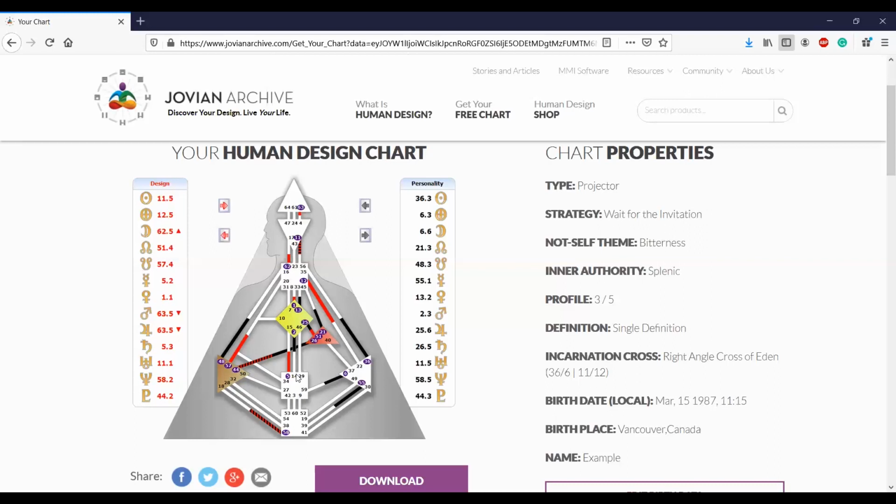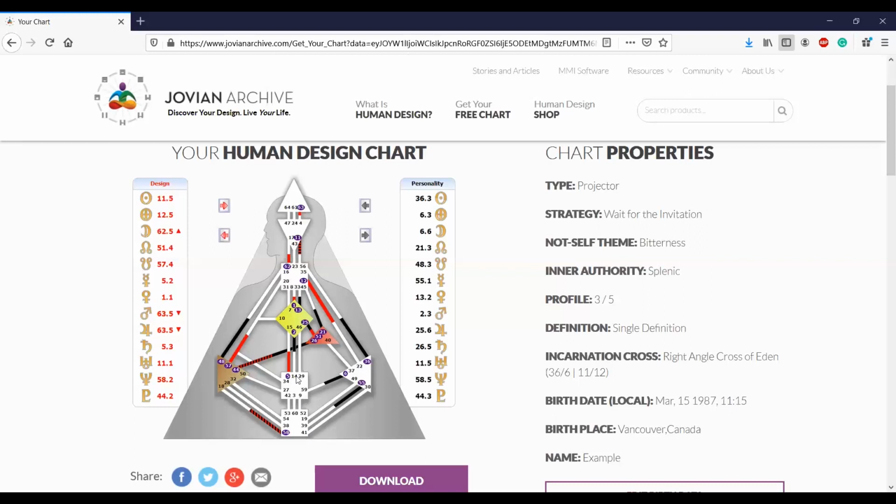This is also the center which distinguishes generators from the other three types, meaning generators and manifesting generators. I also made a video on that, so if you're curious, check it out. And the last one is the root center, on the very bottom. This is the adrenaline center, which tells us how we feel about moving or trusting in divine timing to get something done.